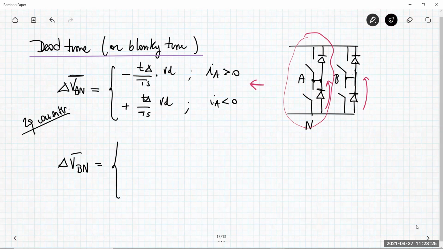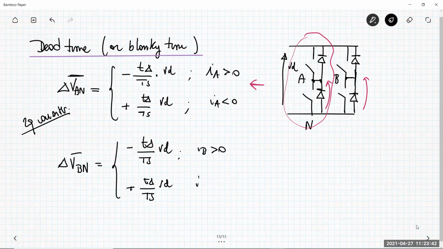And we can say that we have negative d delta over Ts multiplied with d, or plus d delta Ts multiplied with d, and Vd is this voltage here. This is when IB is positive, and this is when IB is negative. Now we try to relate delta VAN with delta VBN, with this VBN here, VAN is here.